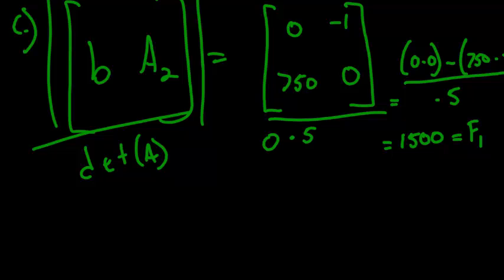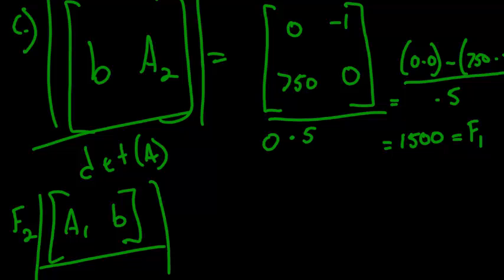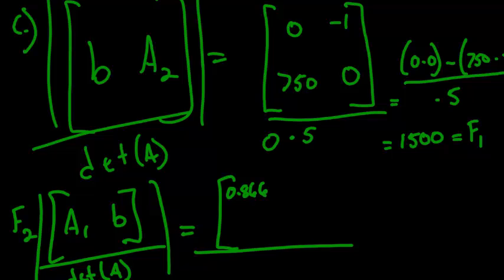Then you would do the same thing for F2, but F2 now has the first column of A and B, and we find the determinant of that over the determinant of A. So we would rewrite this as 0.866, 0.5, 0, 750, over 0.5.